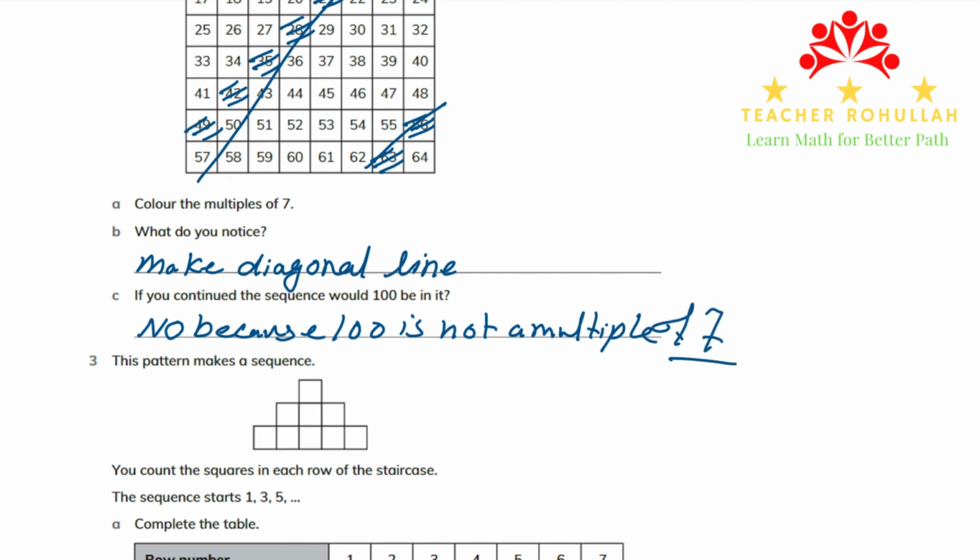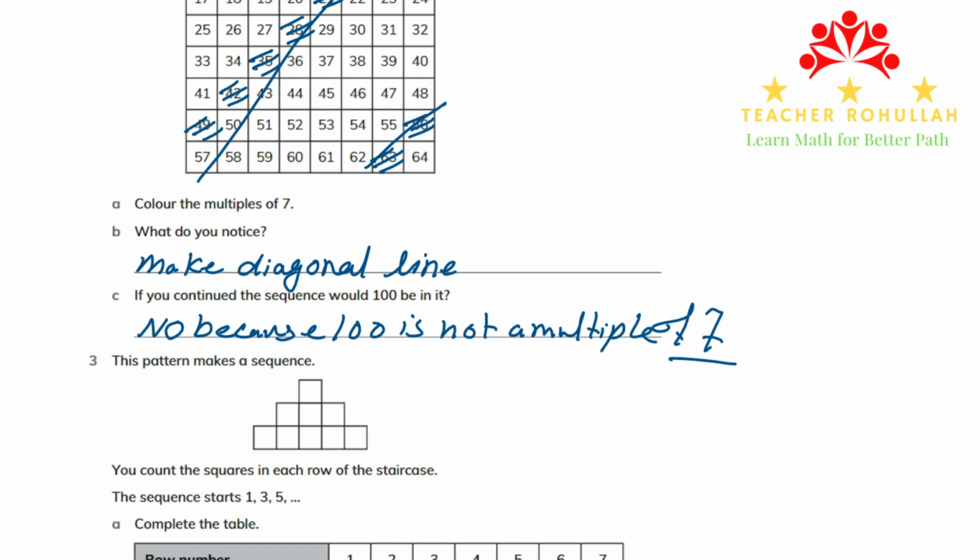How do we know? We know that 10 times 7 is 70. And 3 times 7 is 21, which gets us to 91. And 91 plus 7 is 98. 98 plus 7 is 105, which cannot give us 100. That's why 100 is not in the multiples of 7.